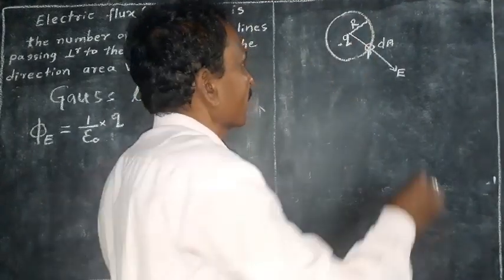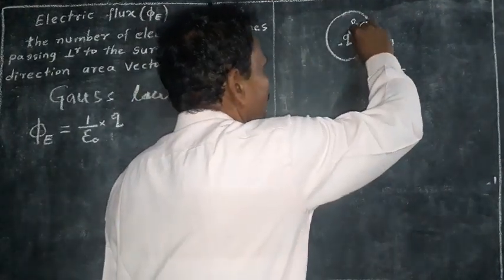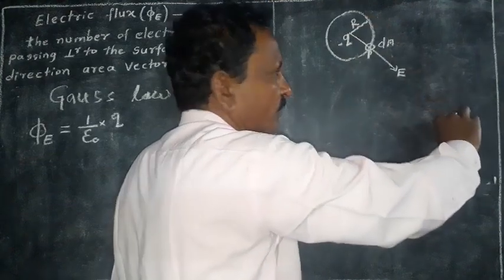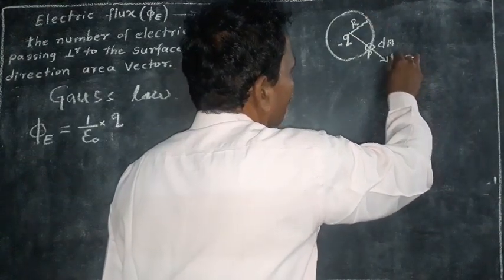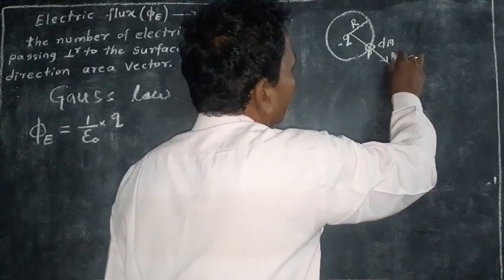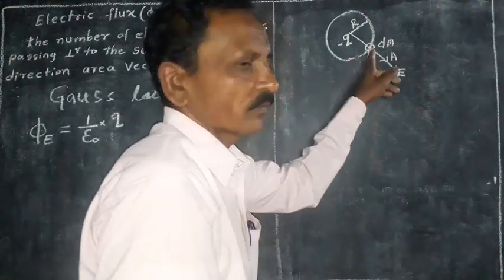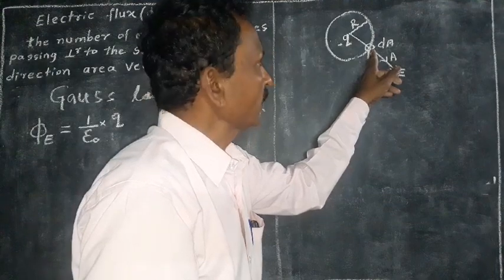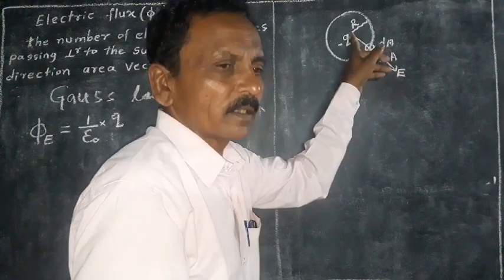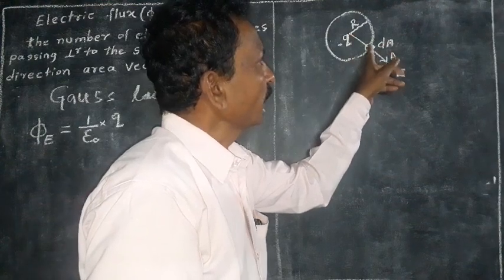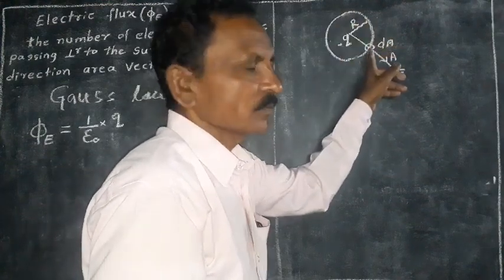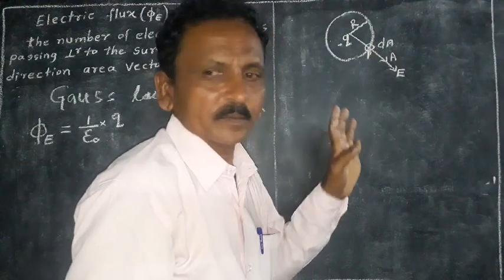It is a straight line passing through the center of the sphere. Therefore, the area vector also passes perpendicular to this surface. Any straight line passing through the center of a sphere at any point on the circumference is always perpendicular.